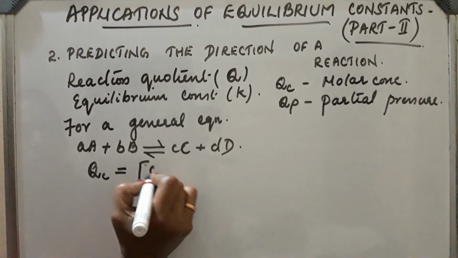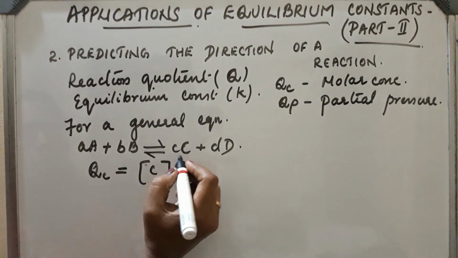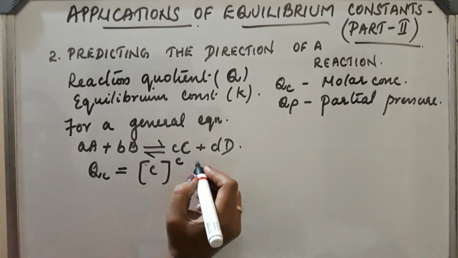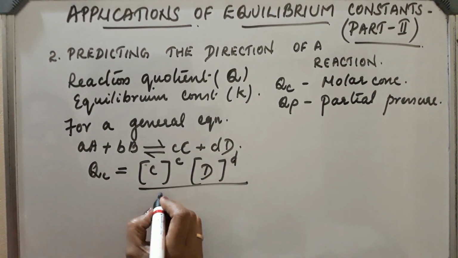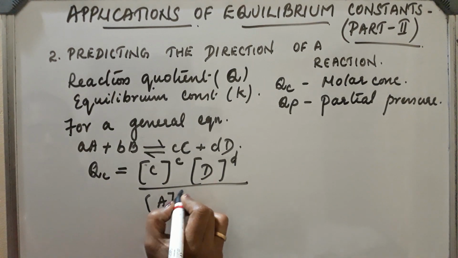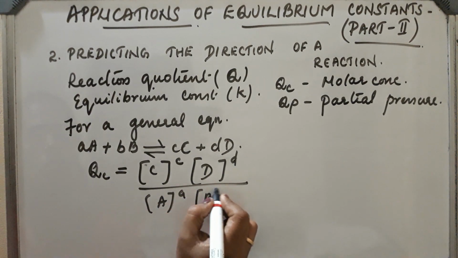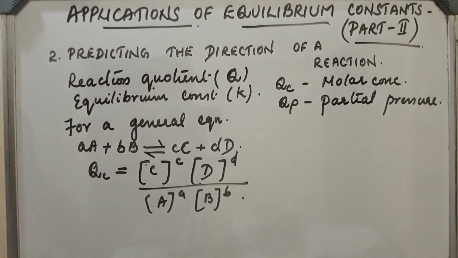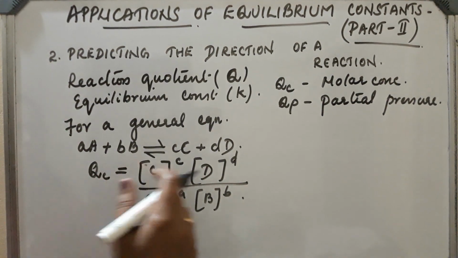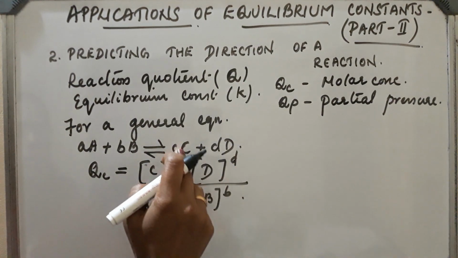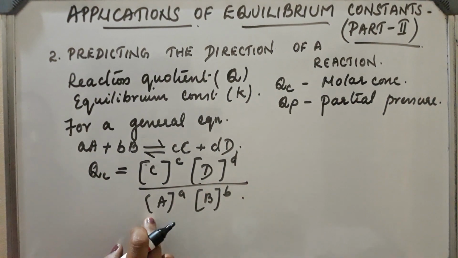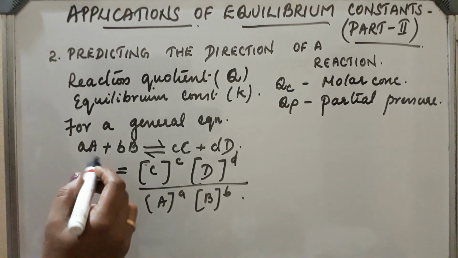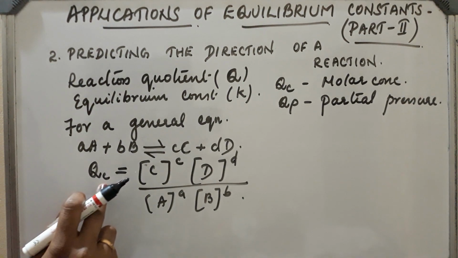QC will be equal to the concentration of C, that is the product, raised to c, this stoichiometric coefficient, and D raised to d, divided by A raised to a, B raised to b. So it is the ratio of the product of the products divided by the product of the reactants. This gives QC.